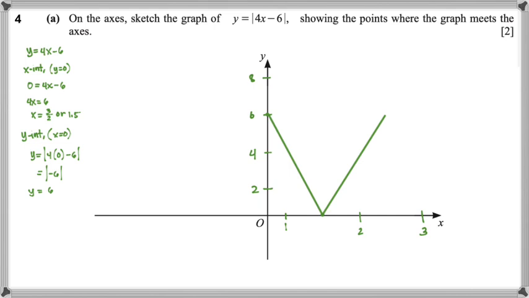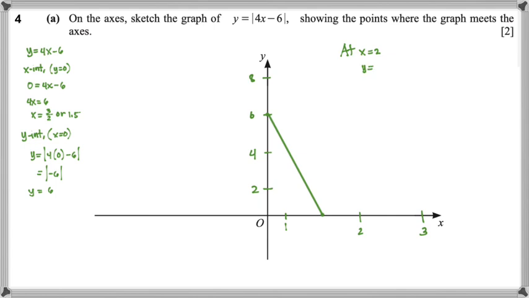Maybe you can select 2. If you want to be more accurate instead of estimating this, you can also select any points on the line that you just drew. So for example, at x is equal to 2, we can substitute.